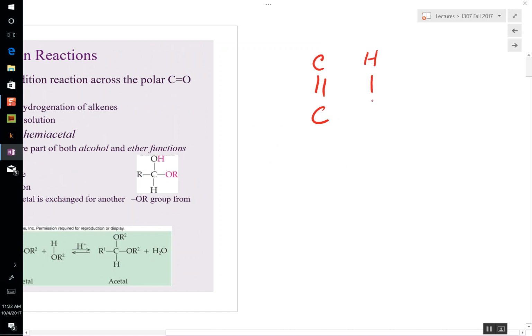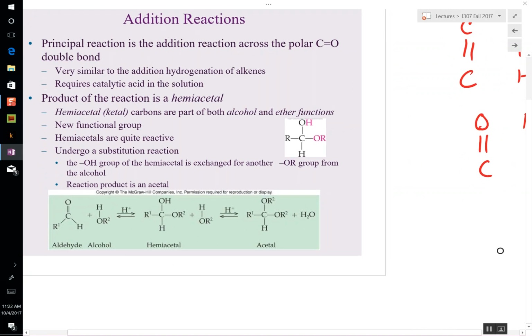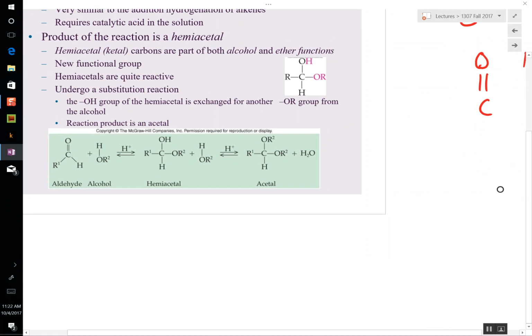You can add hydrogen across a carbon-carbon double bond. What we just looked at is you can add hydrogen across a carbon-oxygen double bond. What are we doing down here? We're going to add something across a double bond, but it's going to be something new. Just focus on this part of it here.